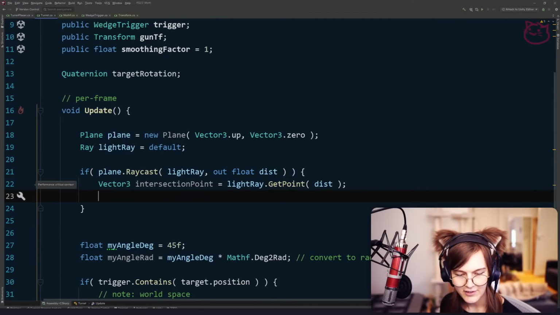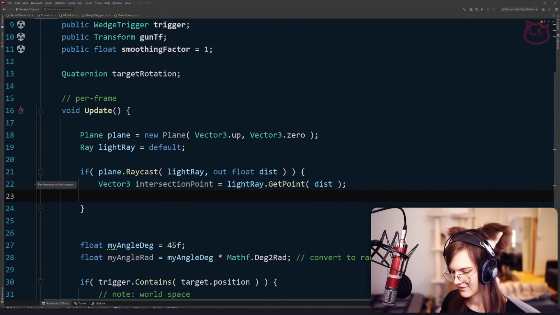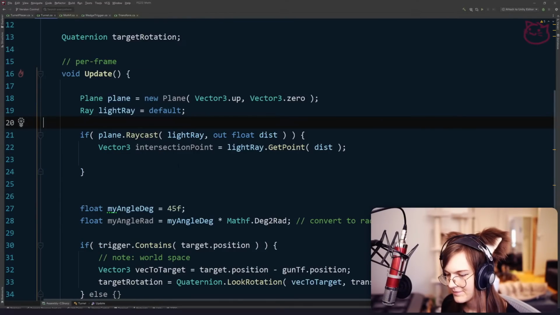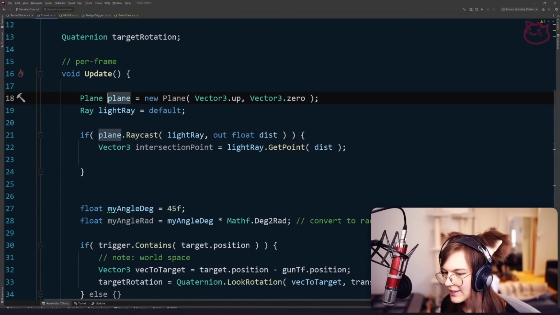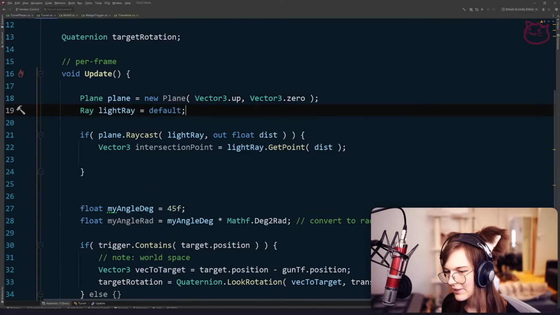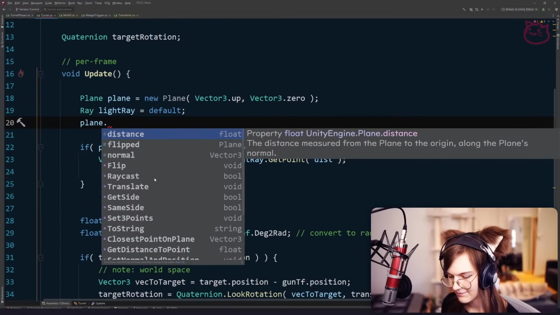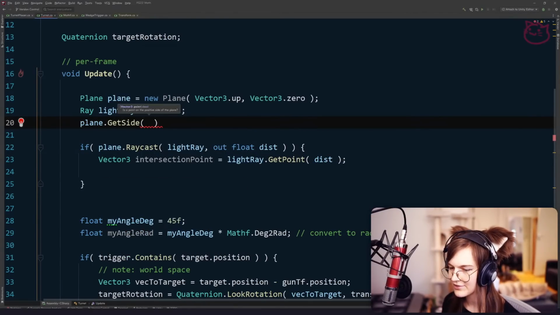Then I think we're ready to talk about sine and cosine. Oh yeah, by the way, the plane struct is super useful. You can project things to the plane. You can check which side something is on, so there's get side of a certain point.